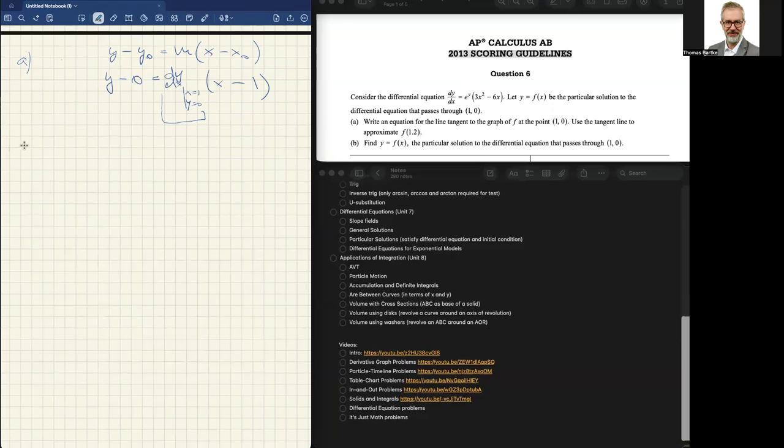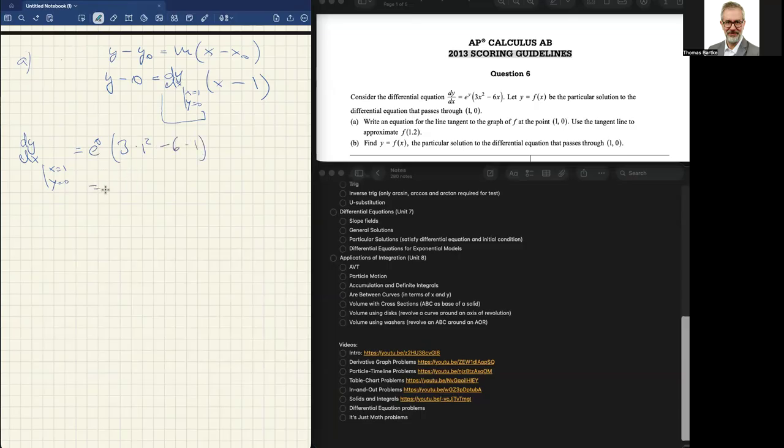So dy/dx at x equals 1 and y equals 0 is e to the 0, of course, since y is 0 and x is 1, times 3 times 1 squared minus 6 times 1.